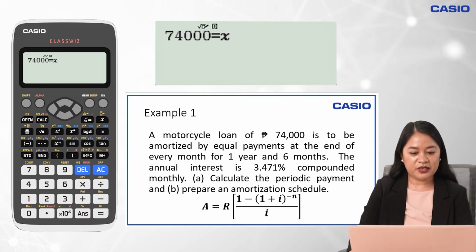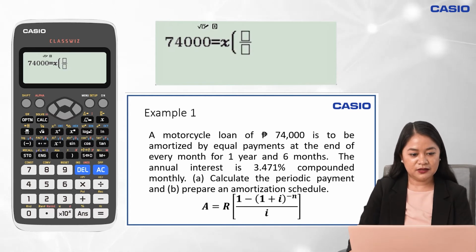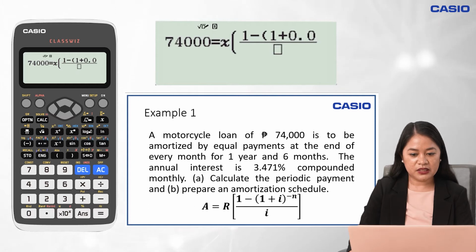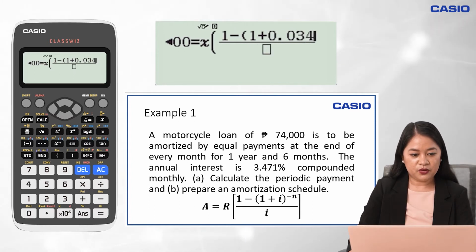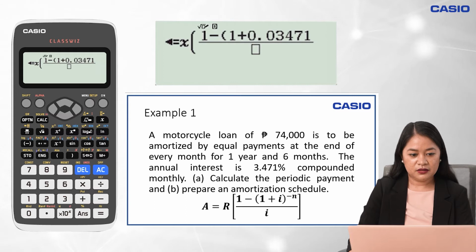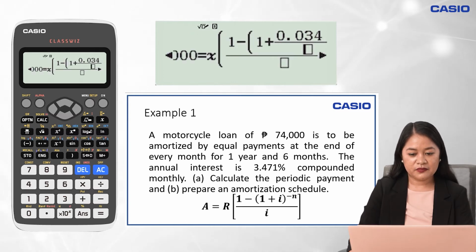And then open parentheses, fraction key, 1 minus open parentheses, 1 plus the periodic rate, that is 0.03471 divided by the compounding period of 12.